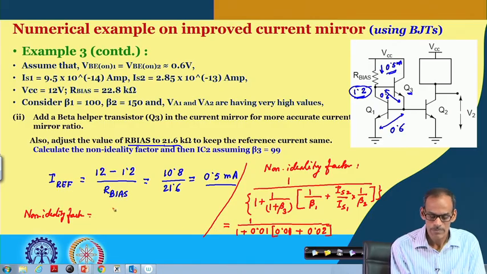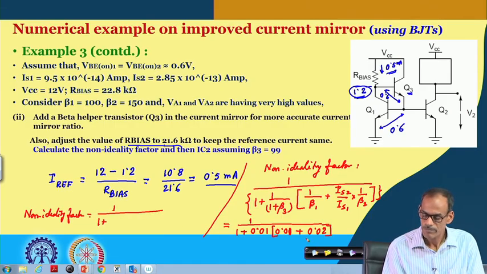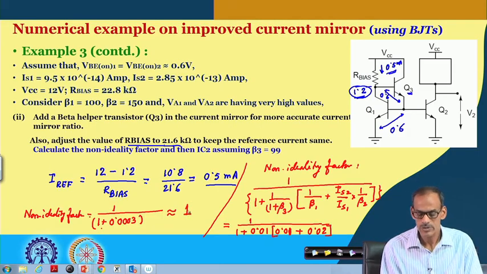So it becomes 1 divided by 1 plus 0.0003, and this is very, very small compared to 1, so we can approximate it as 1.